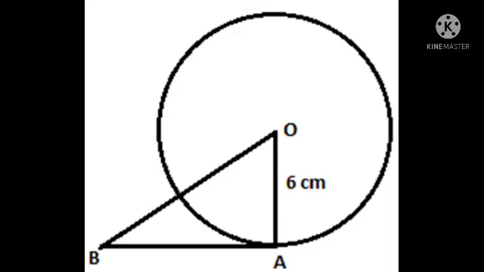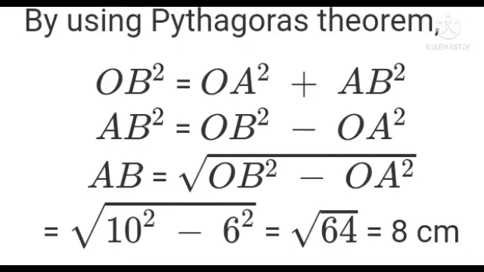Since tangent AB is perpendicular to the radius OA, triangle OAB is a right angle triangle and OB is the hypotenuse of triangle OAB. By using Pythagoras theorem, we have OB square is equal to OA square plus AB square.